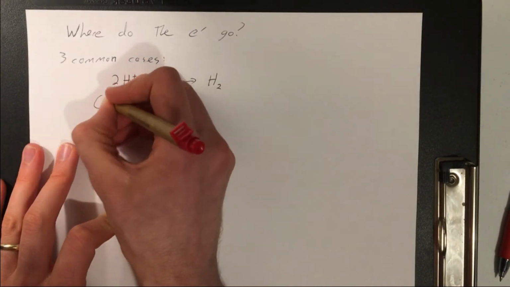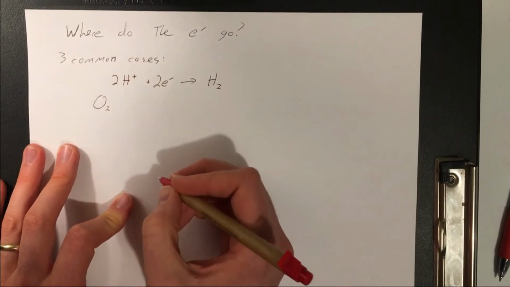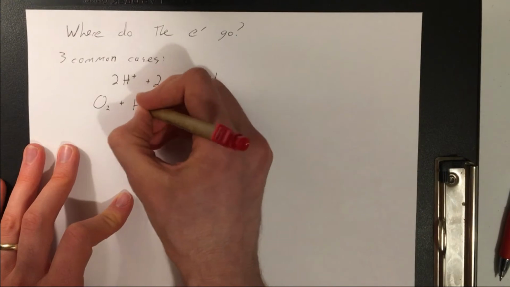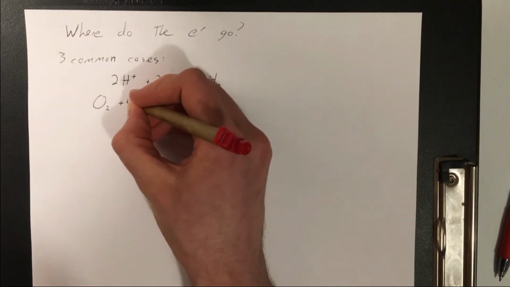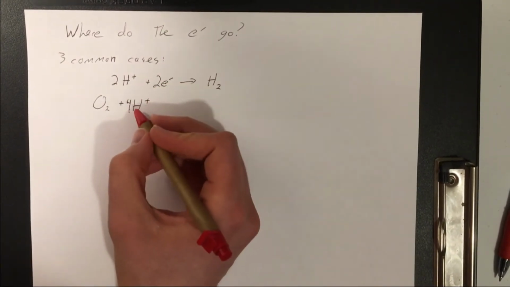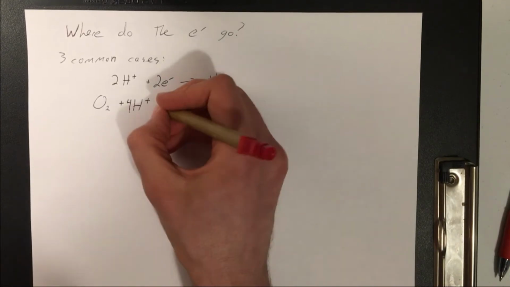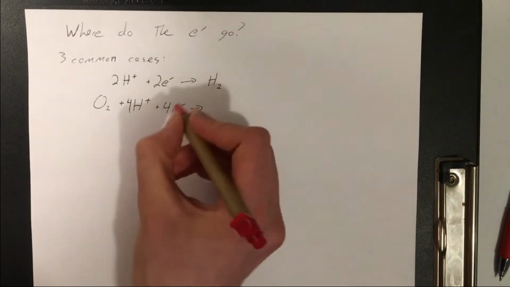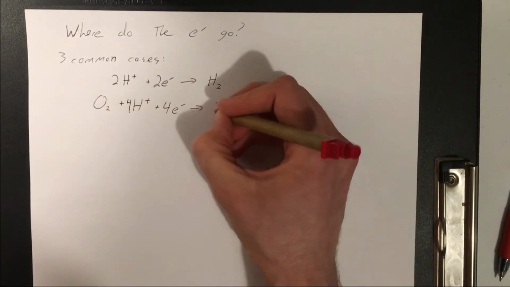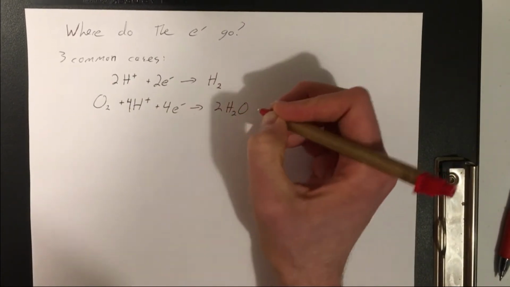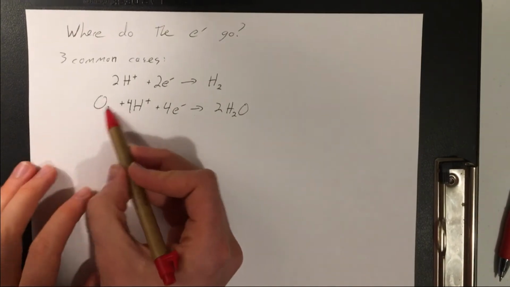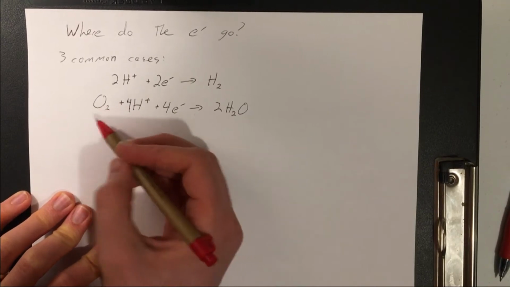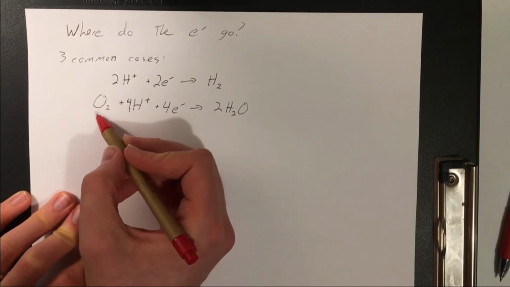There might be another case where we have some oxygen around, and this oxygen can combine with a bunch of hydrogen ions and a bunch of electrons, and those all can combine together to form H2O. This is the case where maybe we have some oxygen dissolved in our biofluid. This happens all the time because cells need oxygen to survive.